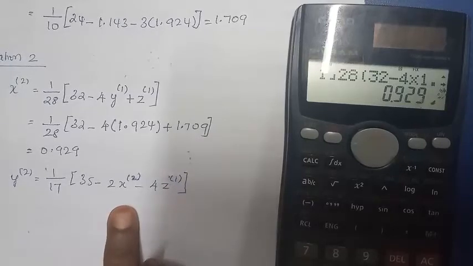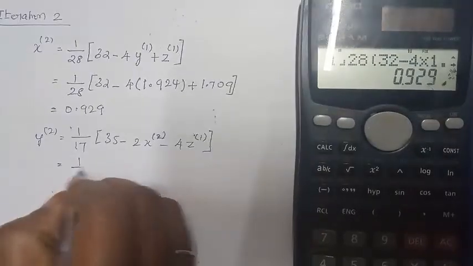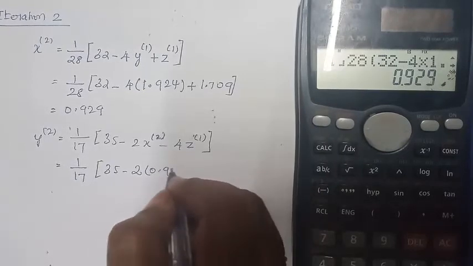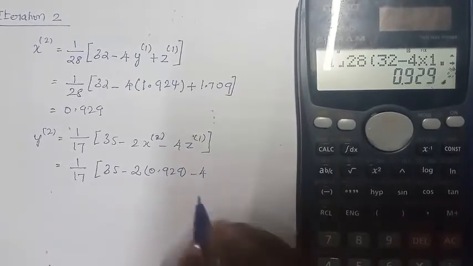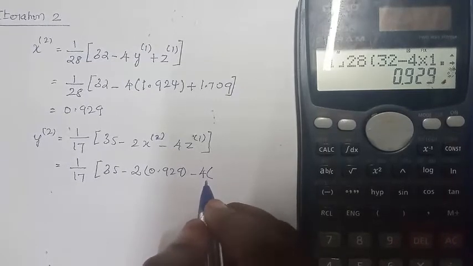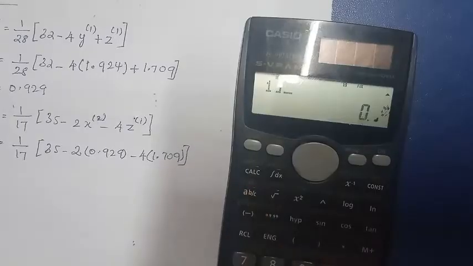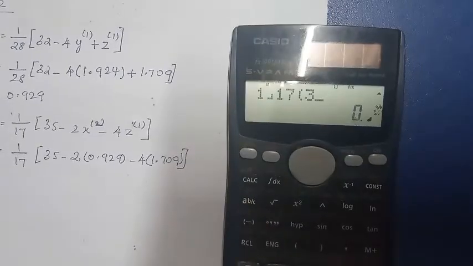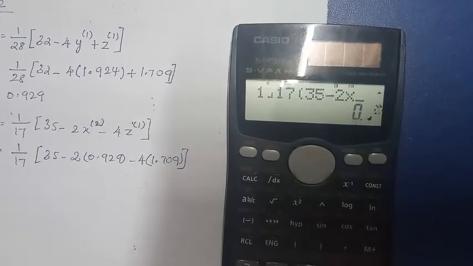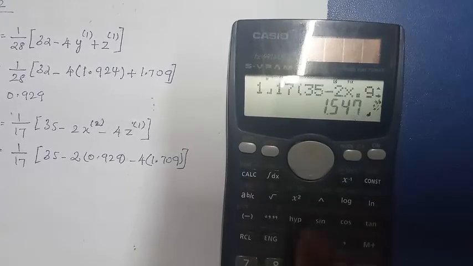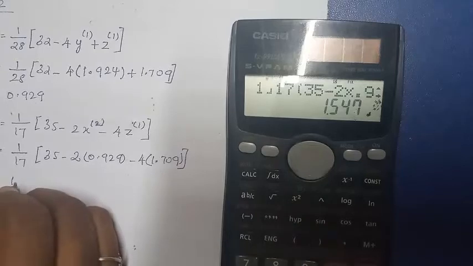So the recent values of x, y and z will be taken for getting the new set of values. 1 by 17 into 35 minus x value, which is 0.929, minus 4 into z value, which is 1.709. 1 divided by 17 into 35 minus 2 into 0.929 minus 4 into 1.709. The answer is 1.547.